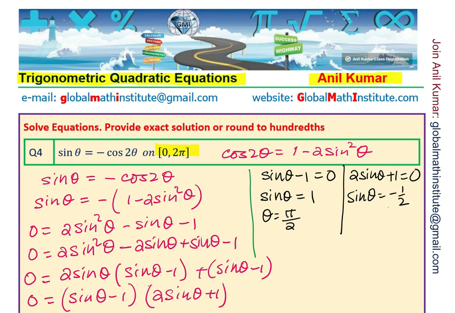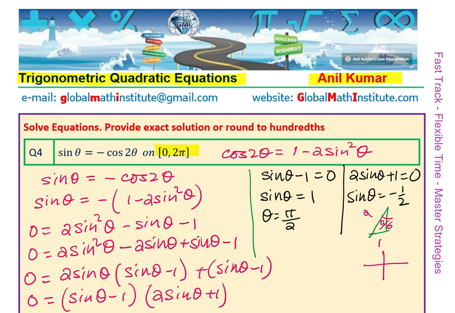To get a solution here, we are looking at a special triangle, which for pi by 6 gives us half, right? Since we want minus, that means we are looking for angles in quadrant 3 and 4.